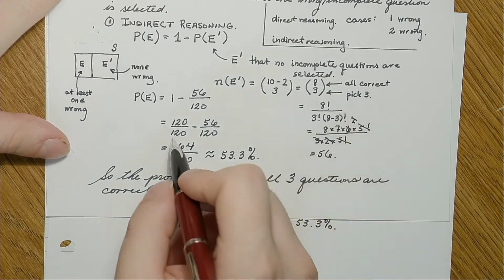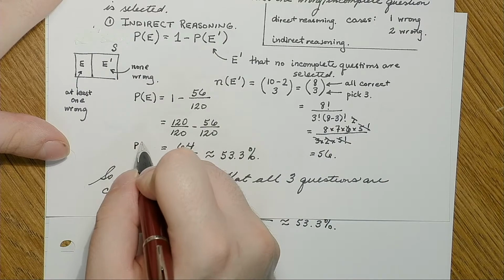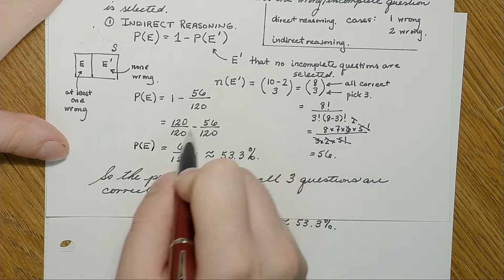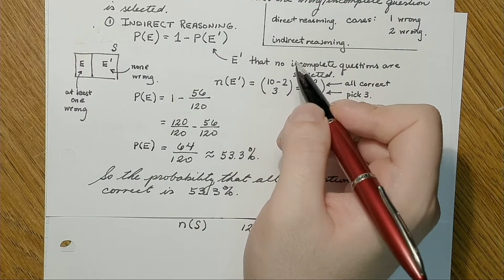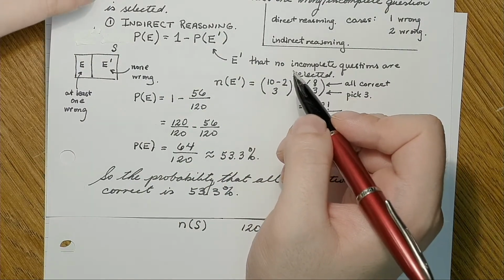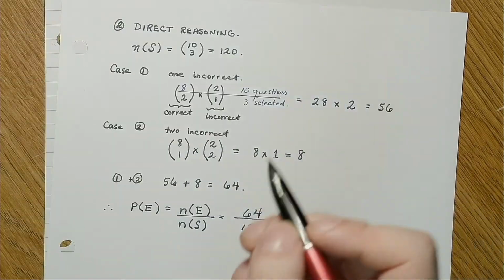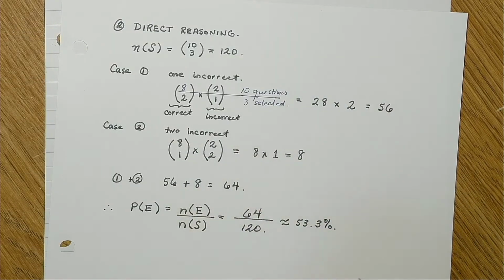Okay, so again, looking here, the probability that I calculated using the indirect reasoning is the same as what we got with the direct reasoning.